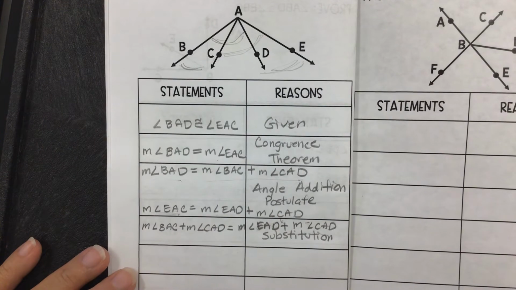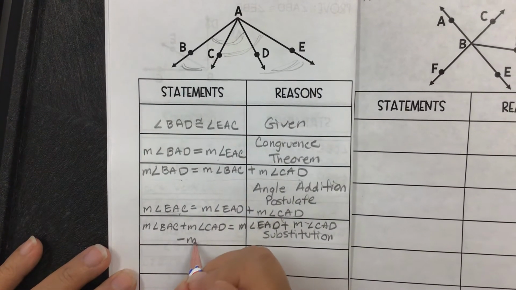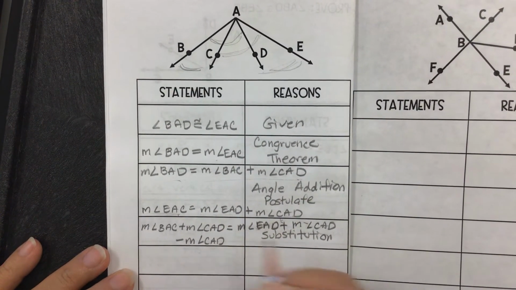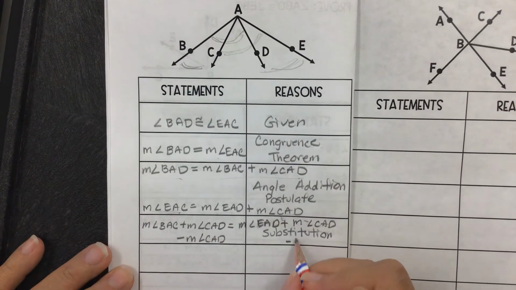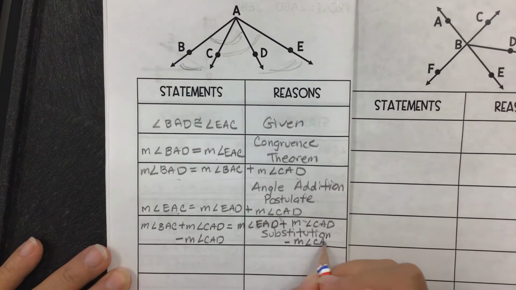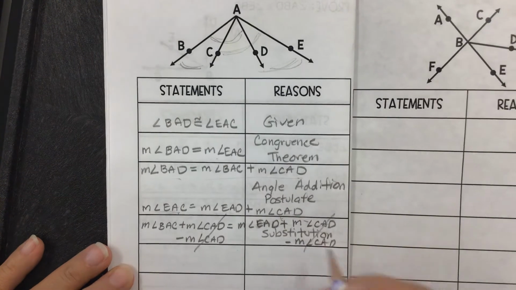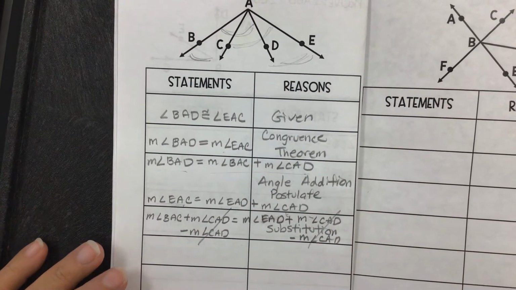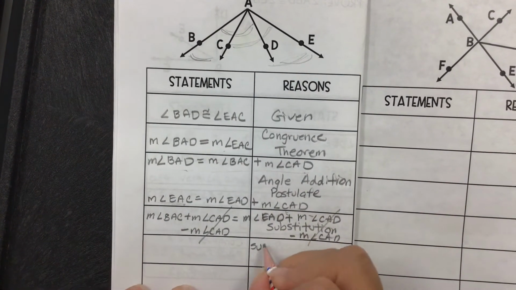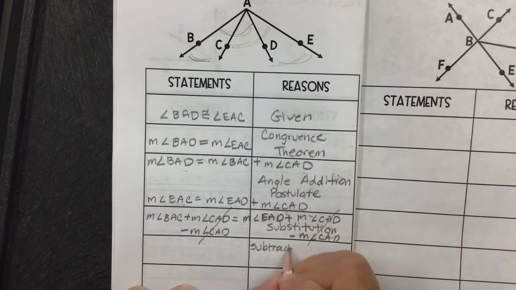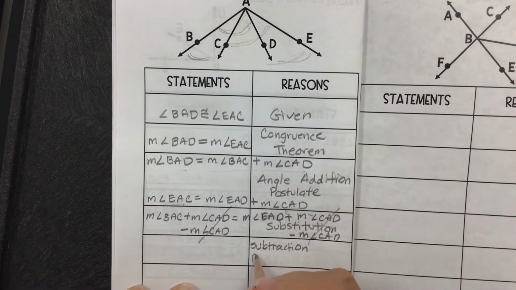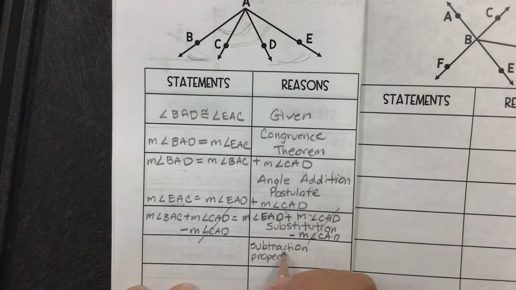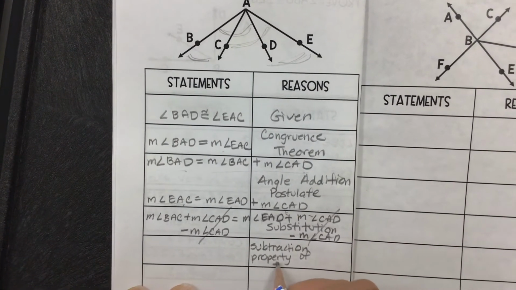And now what I'm going to do is subtract the measurement of angle CAD from both sides. I'm going to subtract it over here, the measurement of angle CAD. So I subtracted on both sides. So this would be the subtraction property of equality.